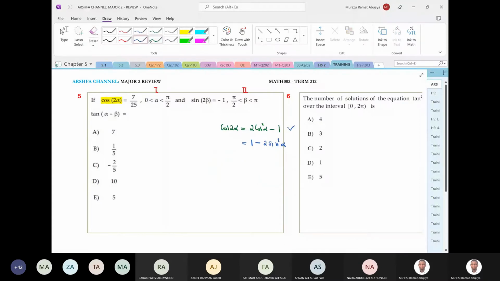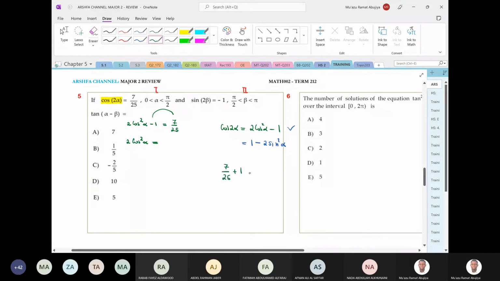So you will agree with me that in the first case, if we use the first property, we are going to say here 2 cosine squared of alpha minus 1 is going to be equal to 7 over 25. Now, take this one to this side. We are going to say here 2 cosine squared of alpha is equal to 7 over 25 plus 1.